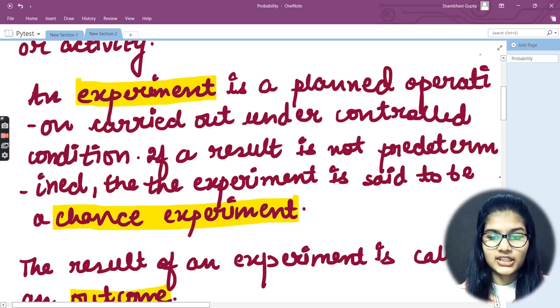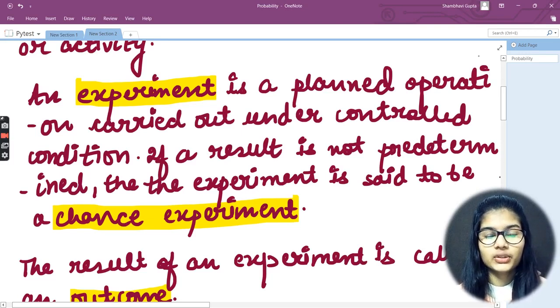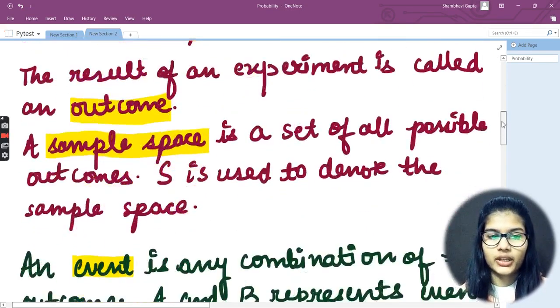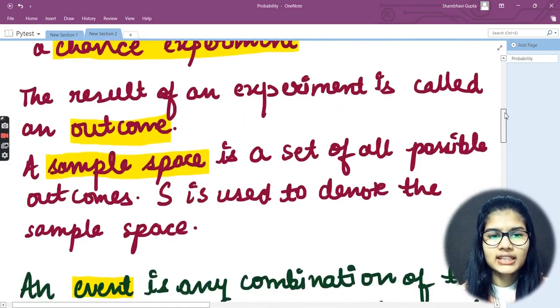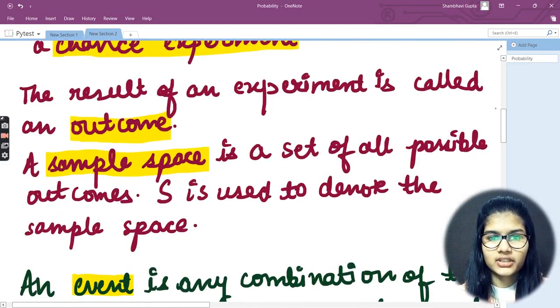If a result is not predetermined, then we say that the experiment is said to be a chance experiment. What we meant by outcome is the result of an experiment. The result of an experiment is called an outcome.